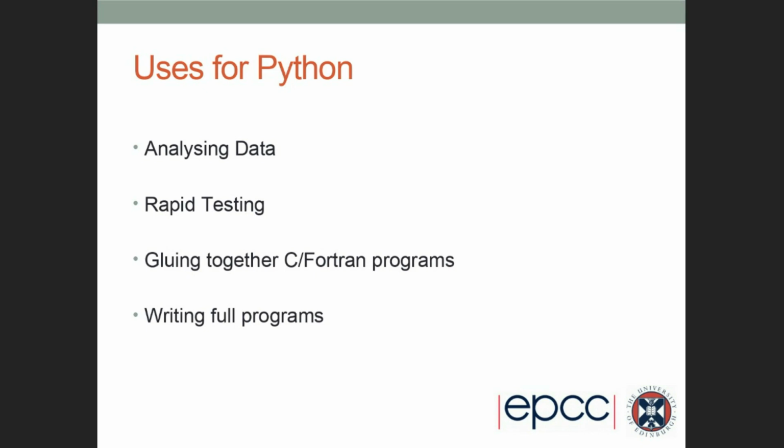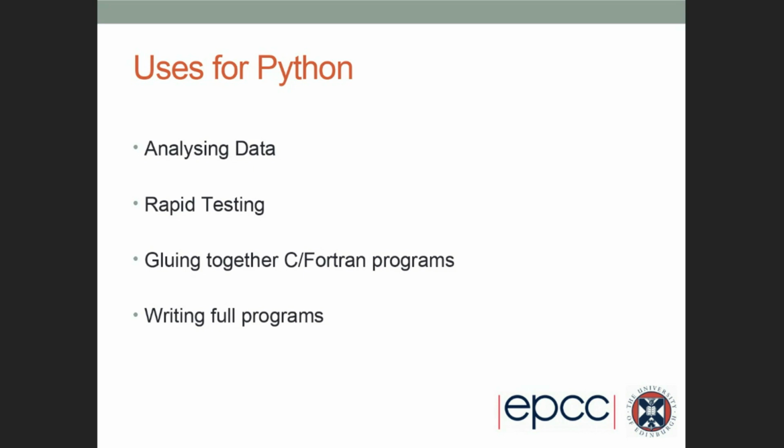As I mentioned earlier, it's easy to write code very quickly in Python, and one common thing to do is to write prototype algorithms or functions in Python, just as a sanity test to check that they work properly before moving on to maybe a more efficient but slower language to write in.